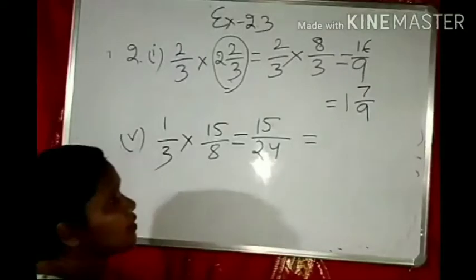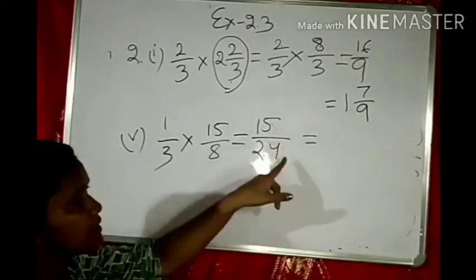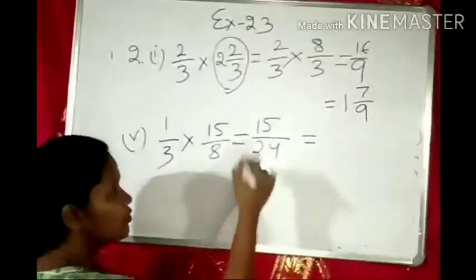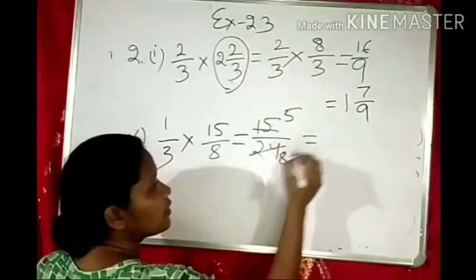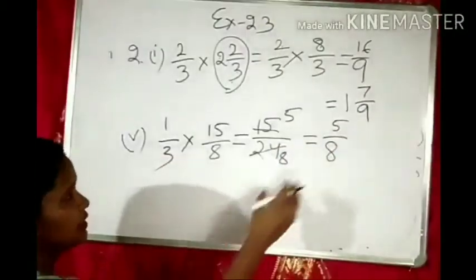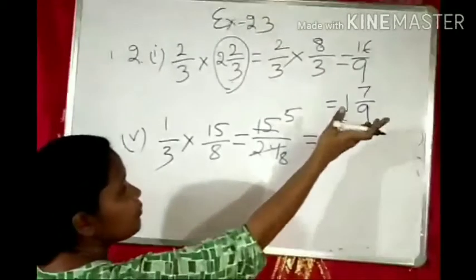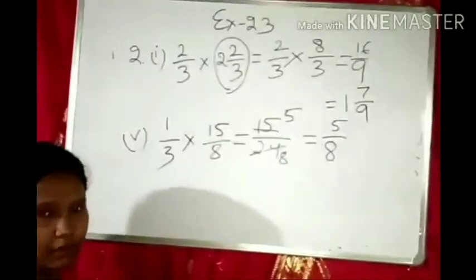Next, this fraction can be reduced. 3 fives are 15, 3 eights are 24. So the reduced form is 5 by 8. So this is the answer. Here the same fraction, you have got in unreduced form and here in reduced form.